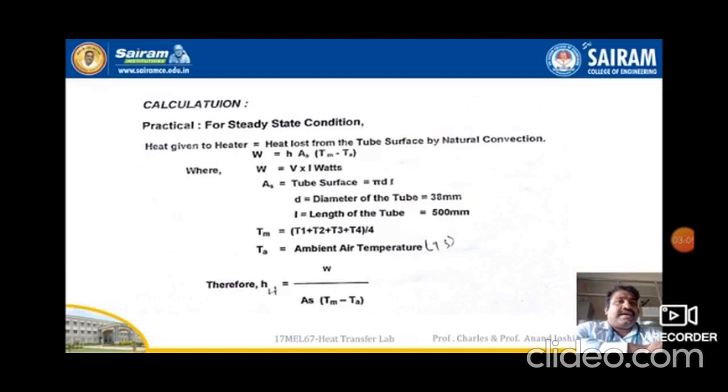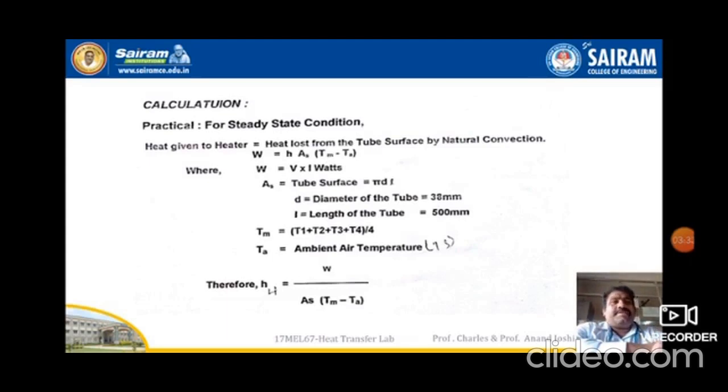As is the tube surface area, pi d l, where d is the diameter of the tube, 38 mm, and the length of the tube is 500 mm. Tm, the mean temperature, we calculate by taking T1, T2, T3, T4 together divided by 4. Ta is the ambient temperature, that is the atmosphere temperature.